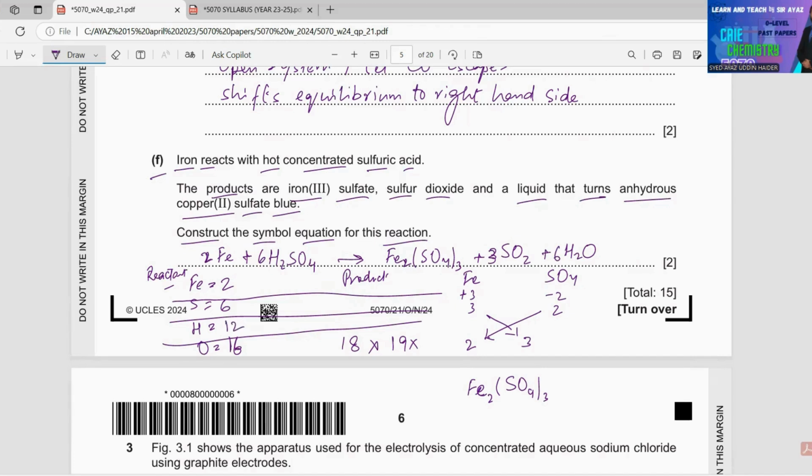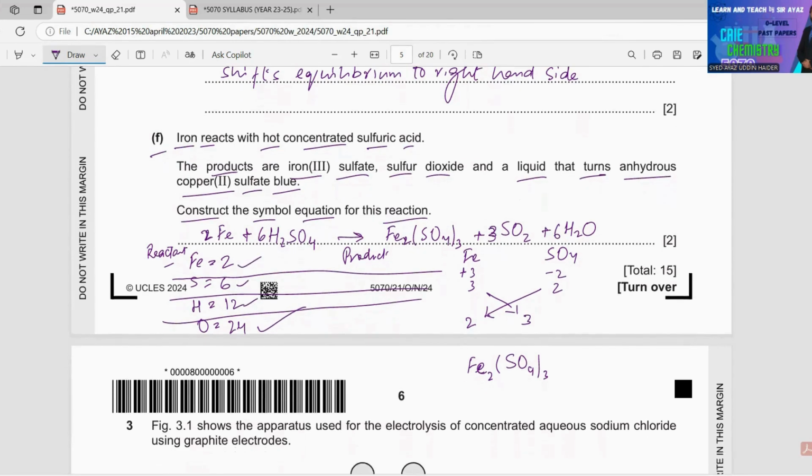What about oxygen? 6 fours are 24 on the reactant side. On the product side, 3 fours are 12, 12 plus 3 is 15, 15 plus 6 is 21... 12 plus 6 is 18, 18 plus 6 is 24. It's balanced now. All are balanced. This will be the final balanced equation for this reaction.